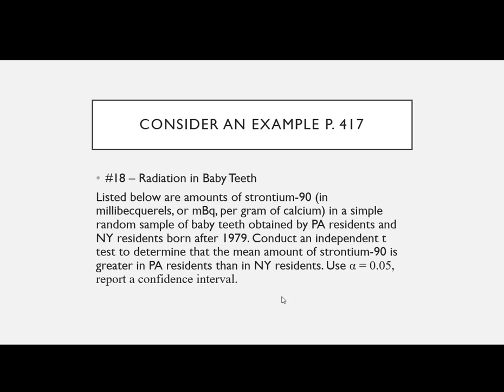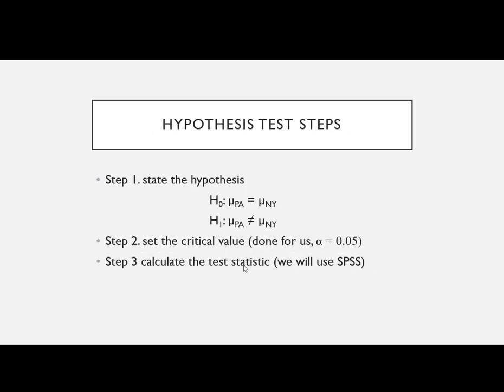Conduct an independent t-test to determine if the mean amount of strontium-90 is greater in Pennsylvania residents than in New York residents. Use alpha 0.05 and report a confidence interval. In the book, they're calling it an independent t-test, which is fine. In SPSS, they call it independent samples t-test. Just note that difference.